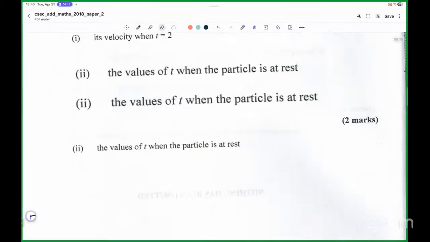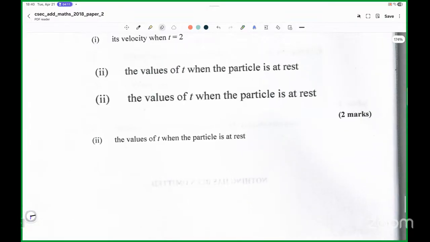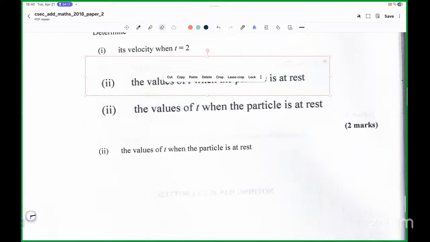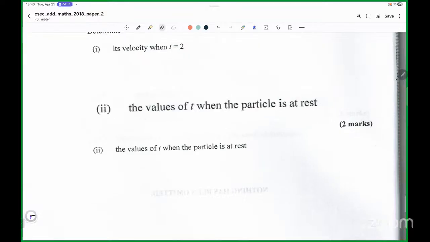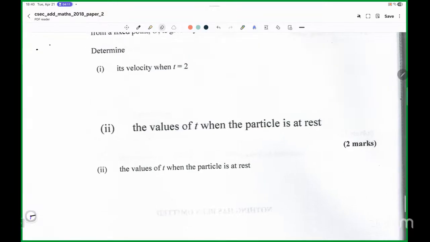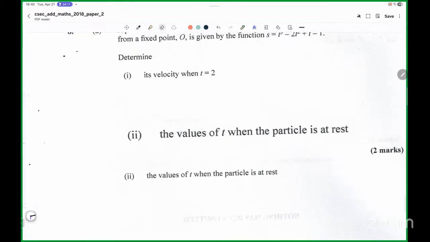Copy the same thing 2 times. Okay. So I don't want the same thing twice. Did it?